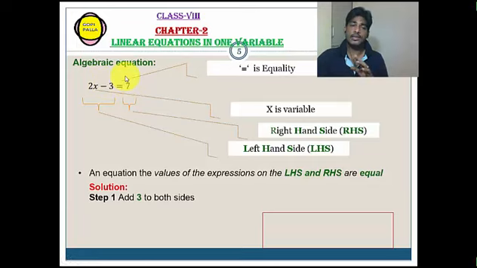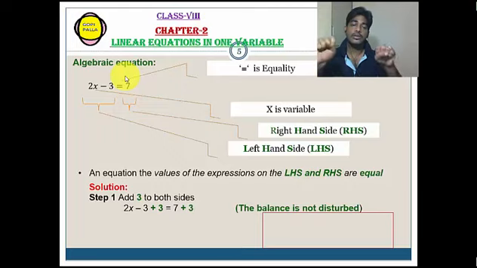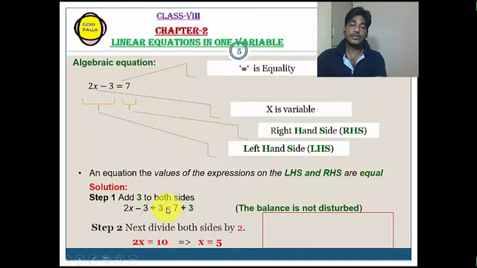So 2x minus 3 plus 3 is equal to 7 plus 3. Because we are adding 3 on the left hand side, we should also add 3 on the right hand side, then only the equation will not be disturbed. Here the 3 and 3 get cancelled, and we get 2x is equal to 7 plus 3, which is 10. So now 2x is equal to 10.